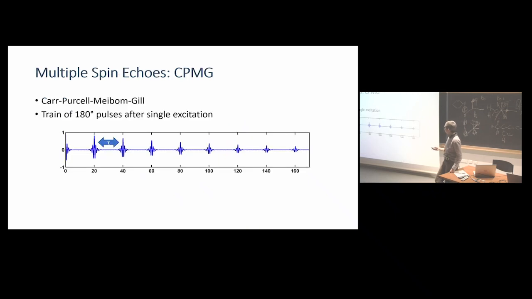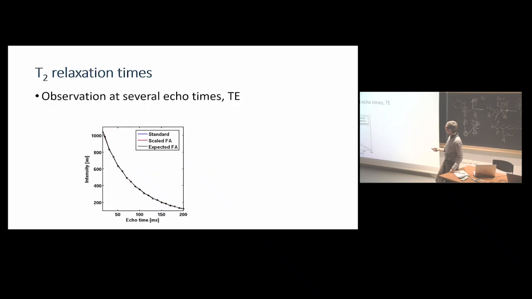And you do that typically by using this kind of technique, and this is simply several echoes. We have generated these several echoes by applying a 180-degree pulse at several times after the excitation pulse. And when we do that, we see the typical T2 decay with increasing echo time.